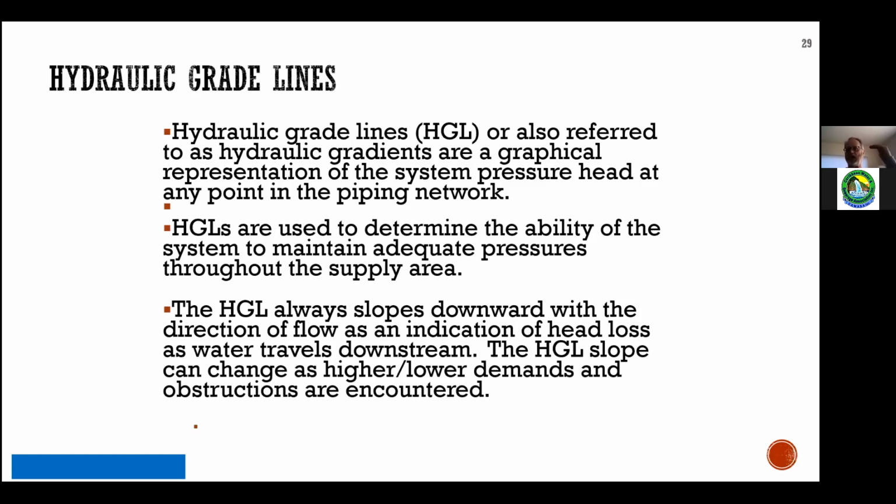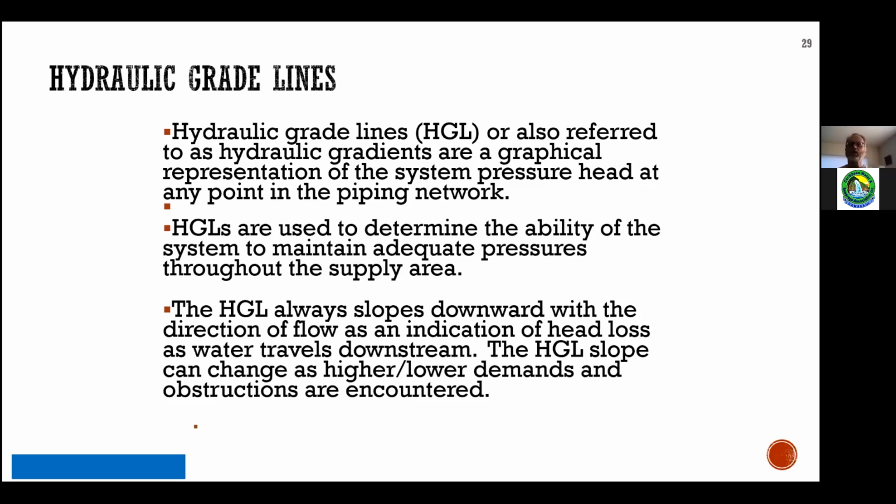So remember, at static, if it was a perfect system with no friction, you would have a 30-meter high reservoir. And while it's isolated, and imagine zero leakage, nothing moving, that grade line would move through the system and it would be perfectly flat, flat as a table.